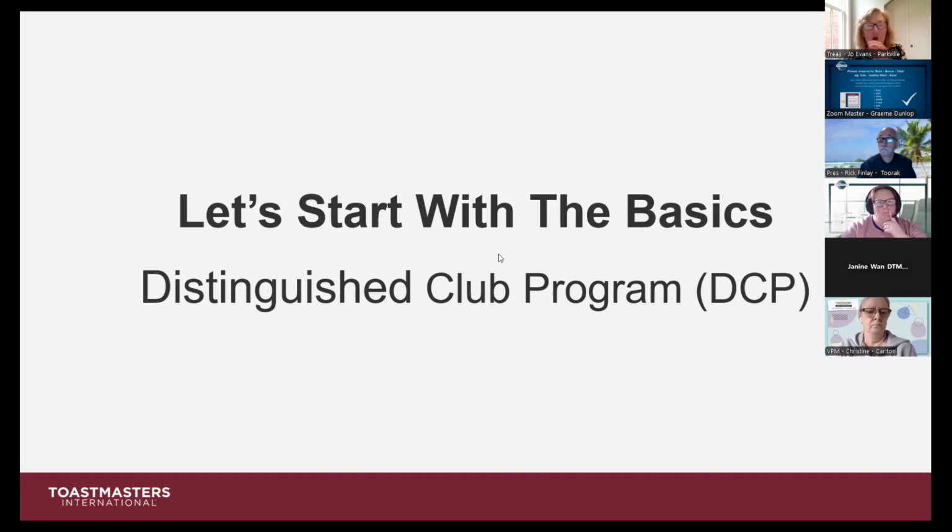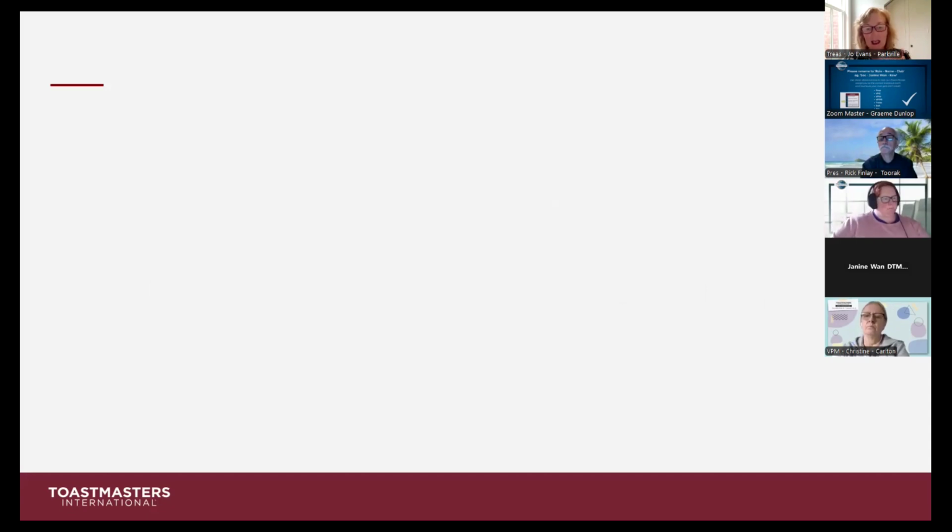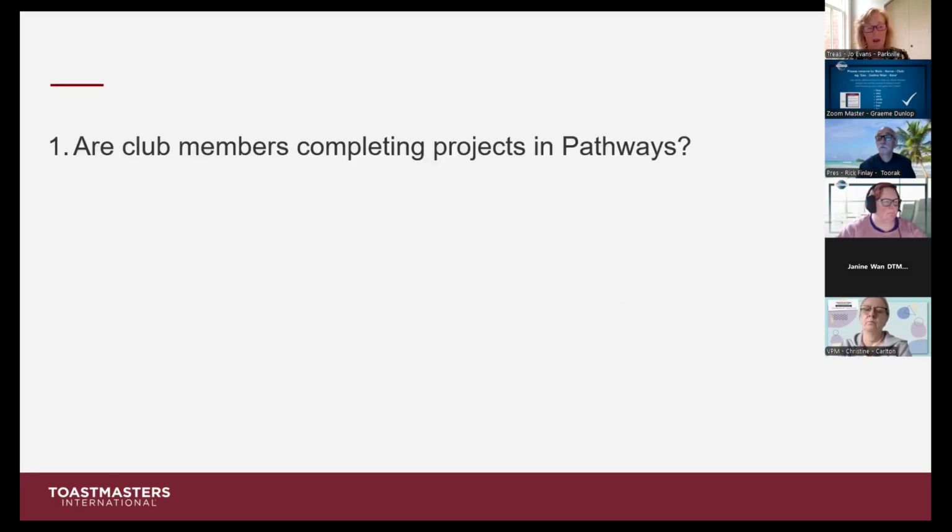Now, of course, we want our clubs to be successful, and so does Toastmasters International, TI. And one of the ways they do this is through the DCP. Essentially, TI collects and tracks data about each of our clubs and then provides us a report, enabling us to see how we're going in these four areas: Are club members completing projects and pathways?